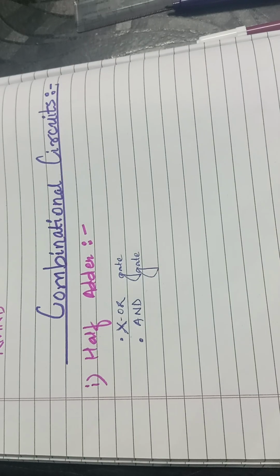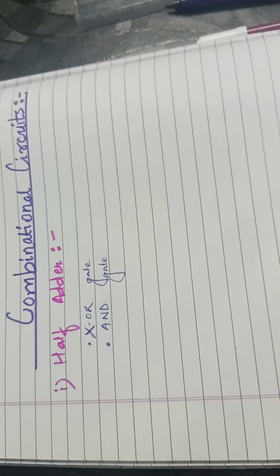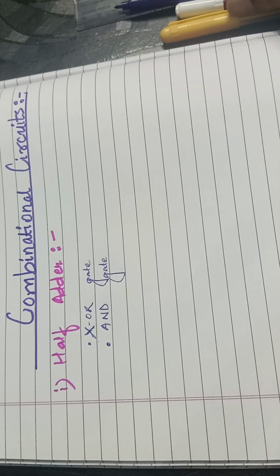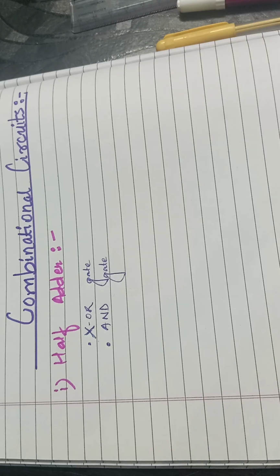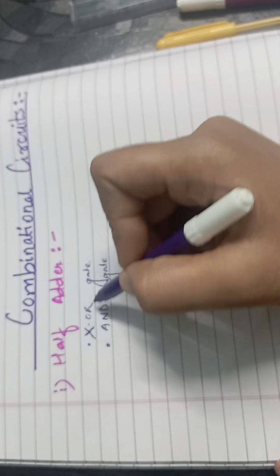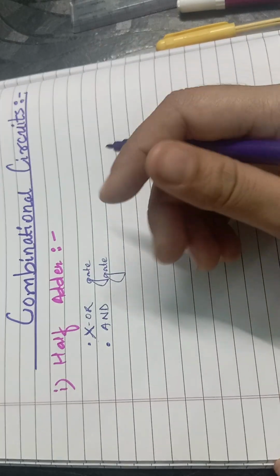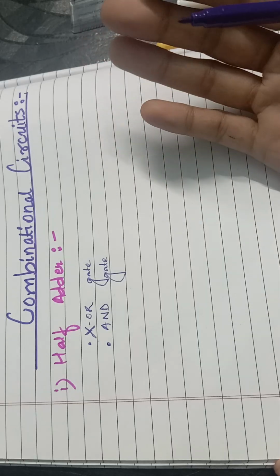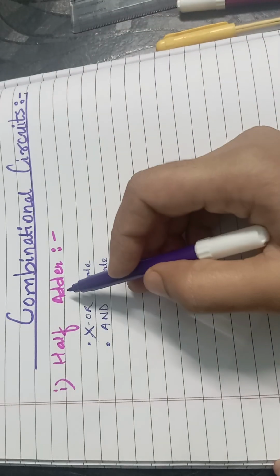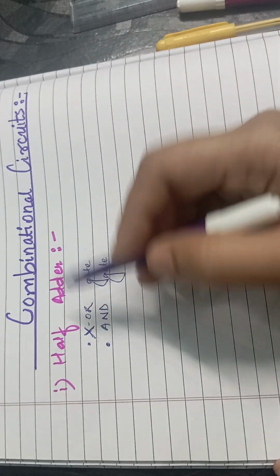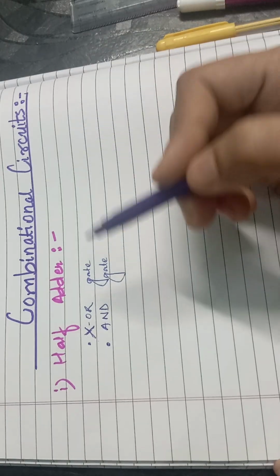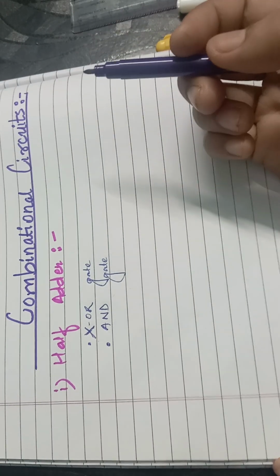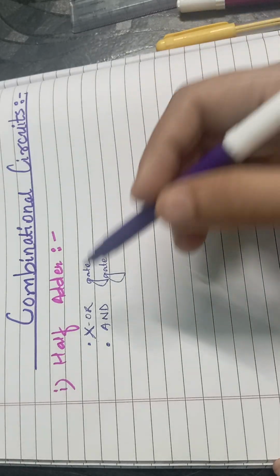So how to draw the combinational circuit, how the circuit looks like for the adder. Let us see. The adder will have an XOR gate. On the output part there will be two things: one is sum and the other is carry. In adding, we find a carry, so the output will be sum and carry.